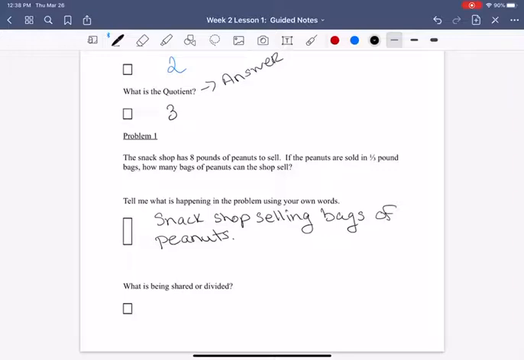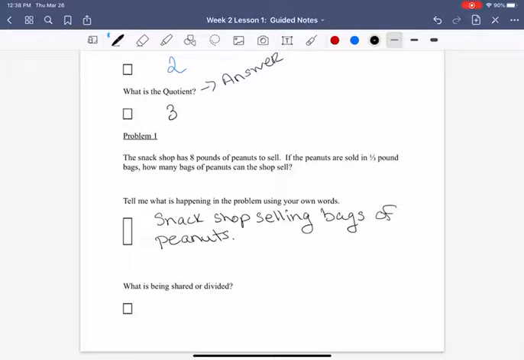So now that we understand what's going on in the problem, we can start to evaluate exactly what each part of our division equation will be.